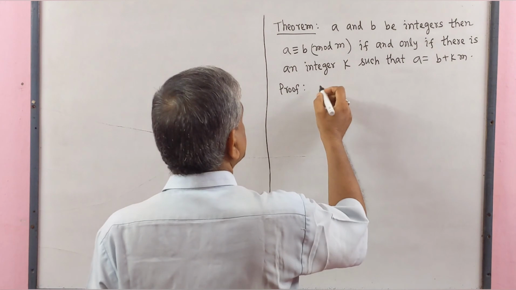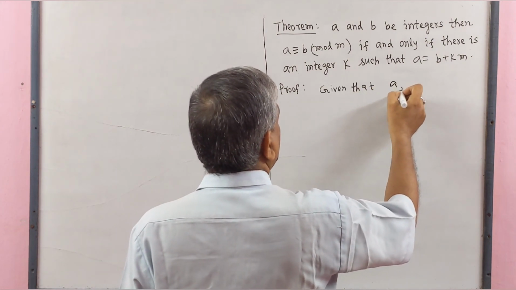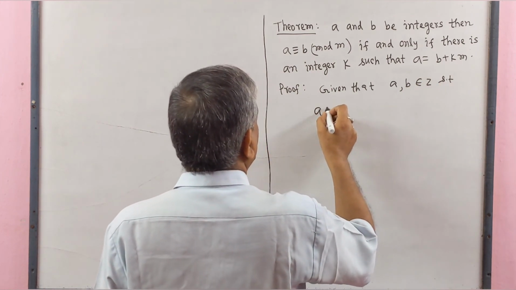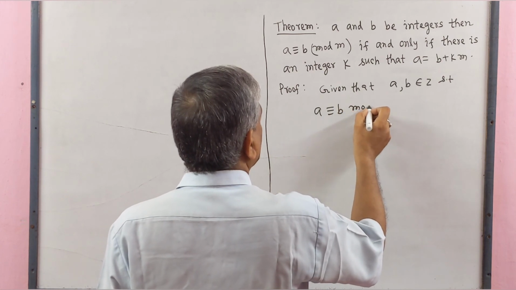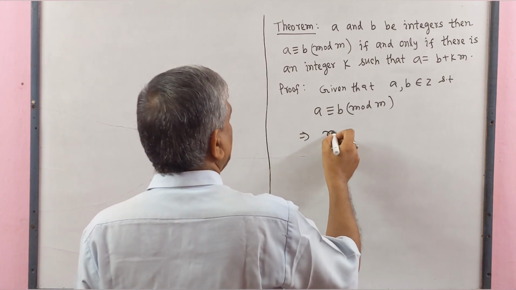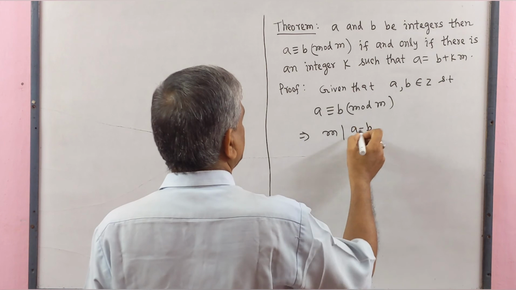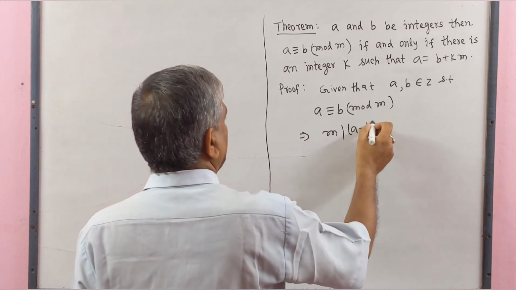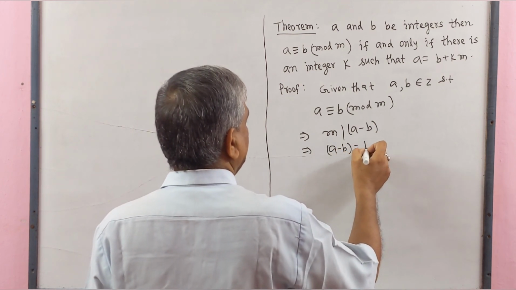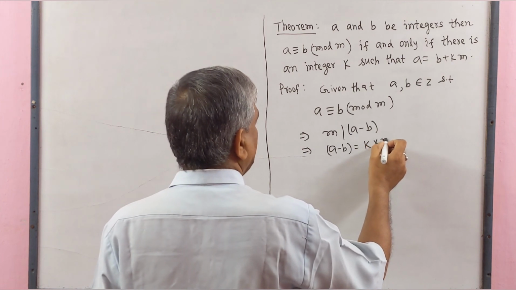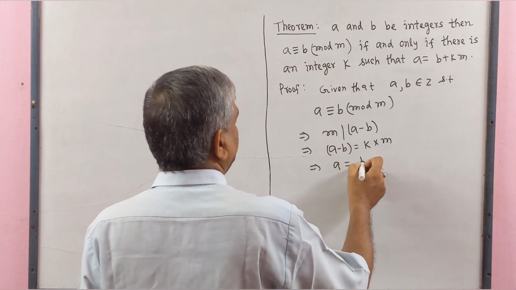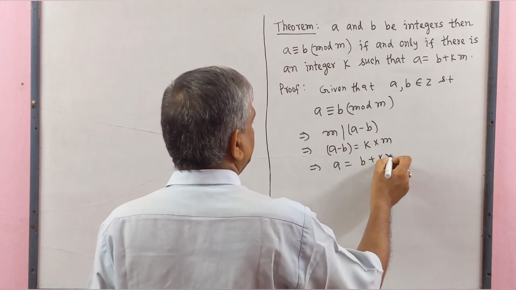Given that a, b are integers such that a is congruent to b modulo m, implies that m divides a minus b, implies that a minus b equal to some integer k multiply m, implies that a equal to b plus km. Proved.